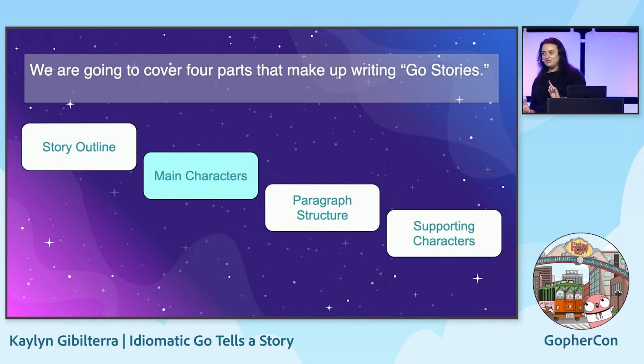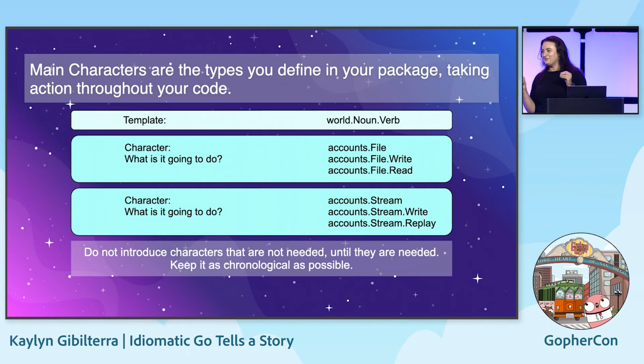So we're now going to start talking about the main characters. This is the types that were just mentioned, and there are some cool little tricks for how to think about what you want to name. Like I just said, you want to name all of your packages, types, and functions in a way that reads like your world has these things, like a noun, and they are doing these things.